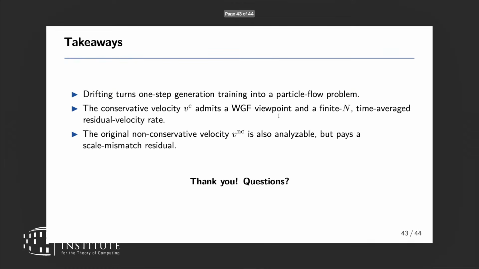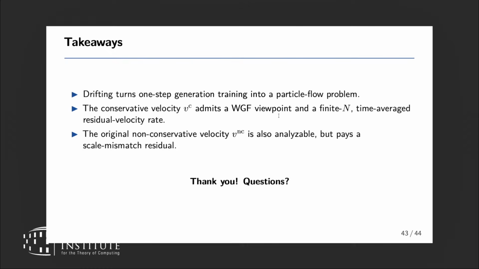All right, so essentially in this talk, we discussed what one-step generation with drifting corresponds to and how it is modeled as an interacting particle system. Then we presented results for two types of velocity fields used in drifting.